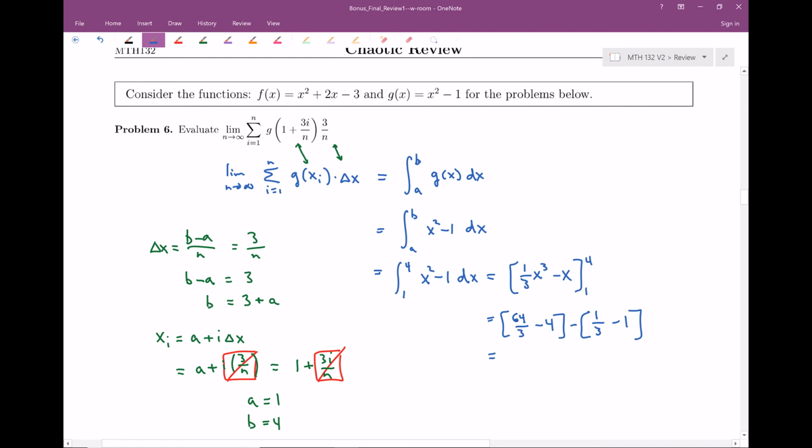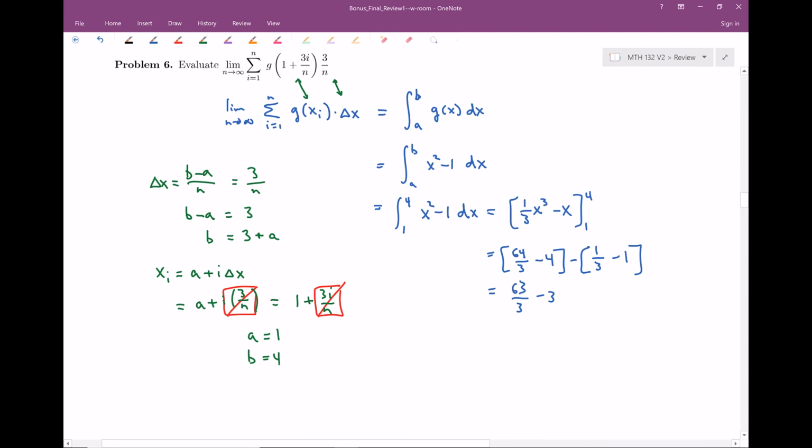So 64/3 minus 1/3 is 63/3. Then I have negative 4 minus a negative 1, so that's negative 4 plus 1, which is minus 3. Now 63/3 we can simplify, that's 21 minus 3. And so altogether we get the final answer of 18.